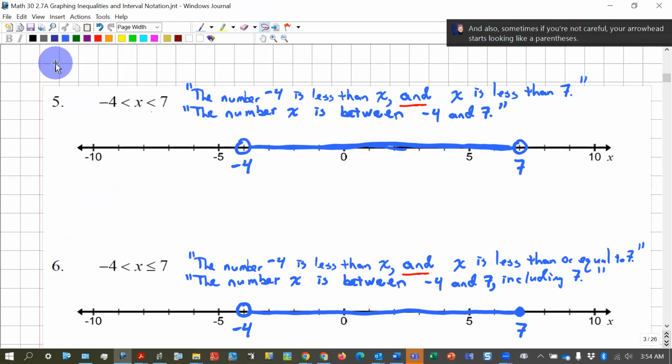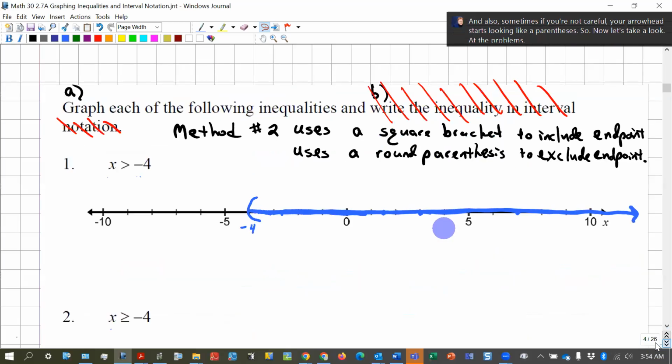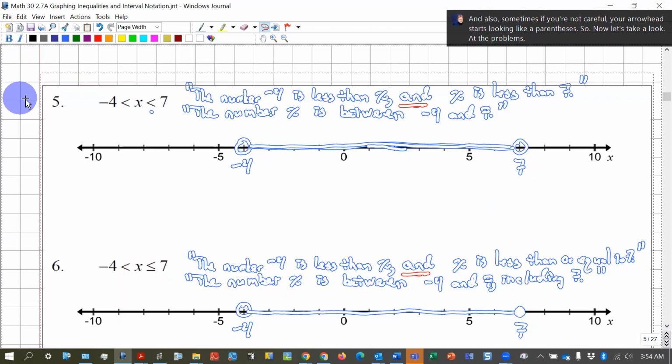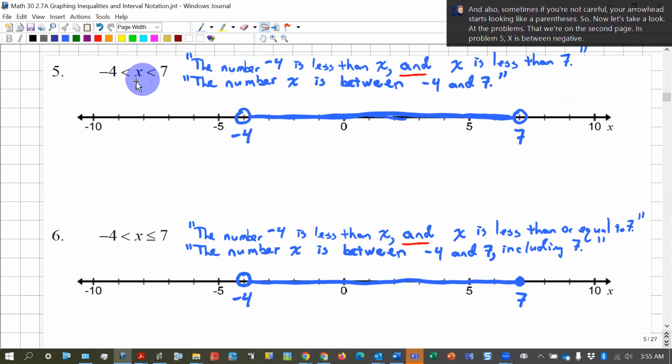So now let's take a look at the problems that were on the second page. In problem 5, x is between -4 and 7, but we're not including -4, we're not including 7.